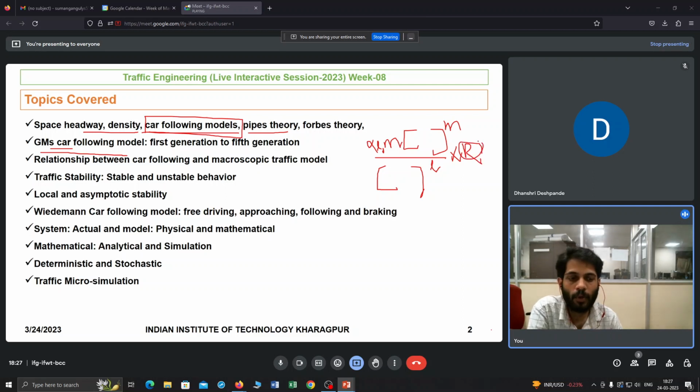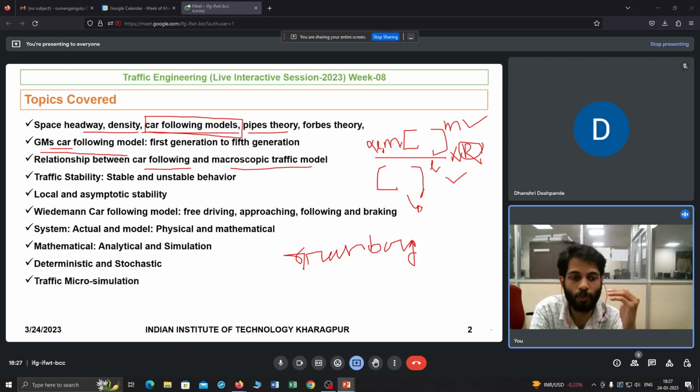And why did they come up with this m and L factor? Because they found a beautiful relationship between these car following models and the macroscopic traffic models, especially Greenberg's model. They found that from this we can come to any of the macroscopic models.